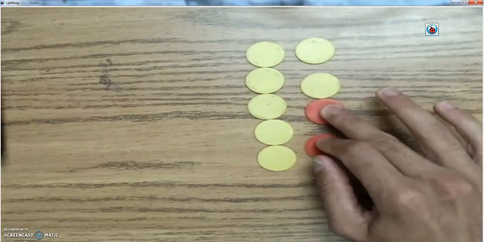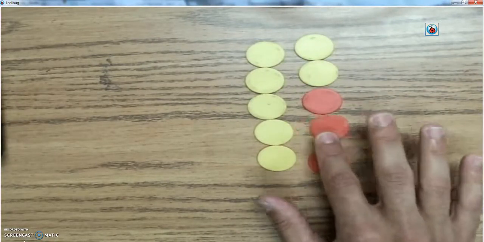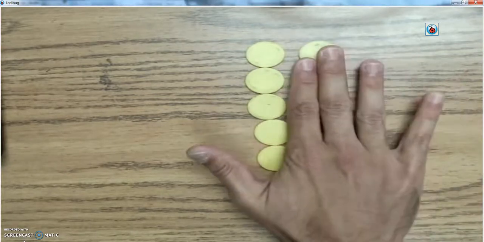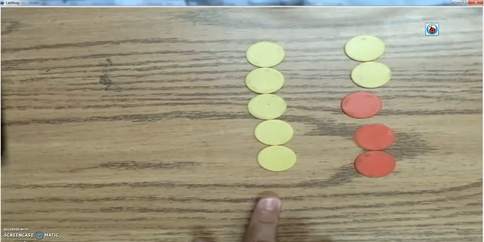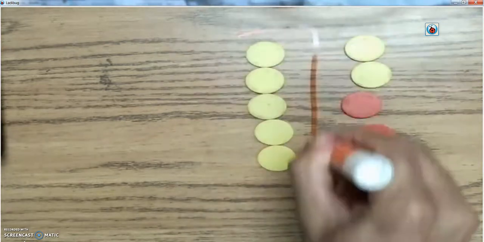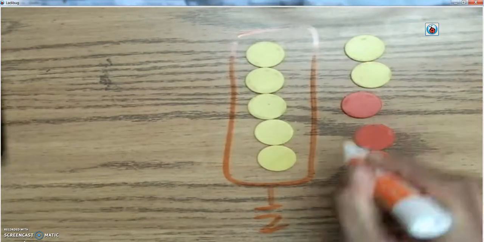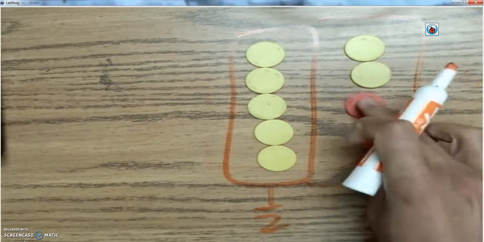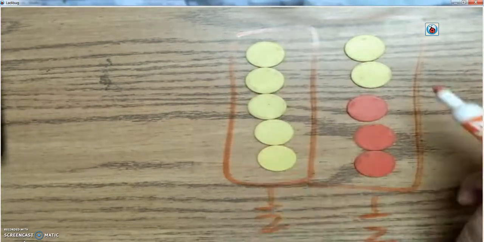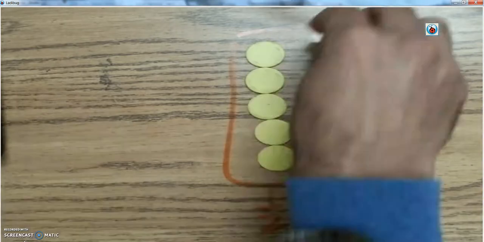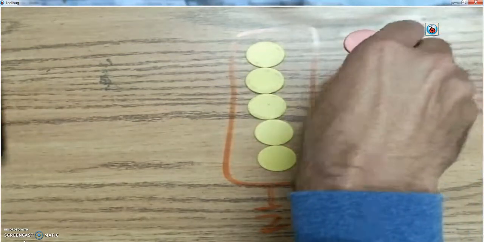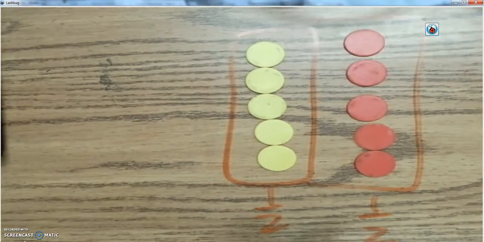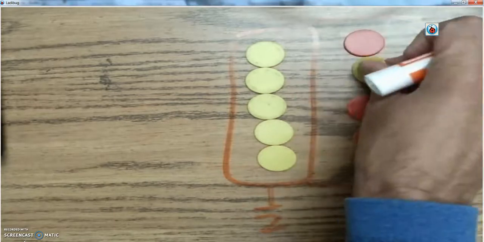If I do, this is kind of how I would set it up in halves, right? Half the pieces are in this row, and half the pieces are in this row. But when I look at that, half the pieces are not yellow. It's more than half. If I had 5/10 like that, then I could say half the rows are yellow and half the rows are red.